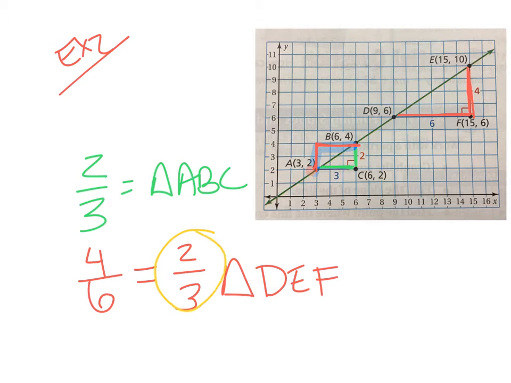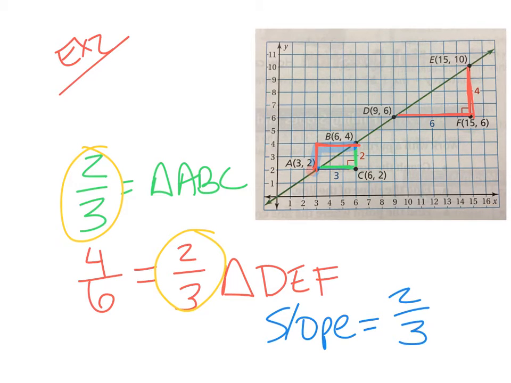Well, that's the ratio we have for each of these. That is also the slope. So the slope of both of these triangles is 2/3. So the slope of this particular line is 2/3. So these are two similar triangles. They have the same slope or the same ratio.